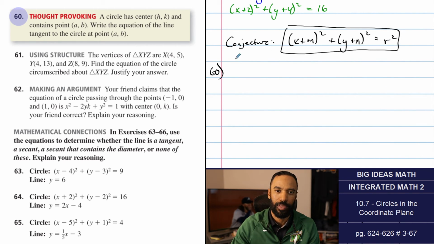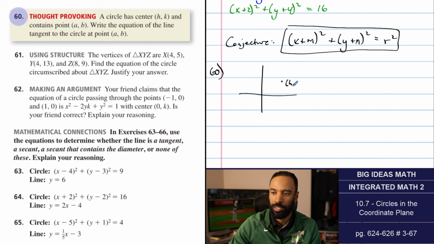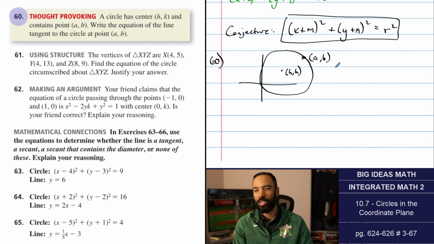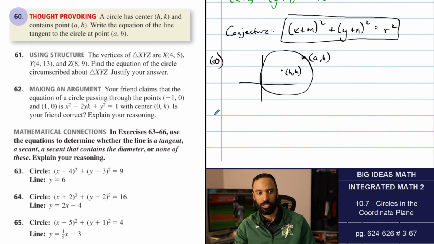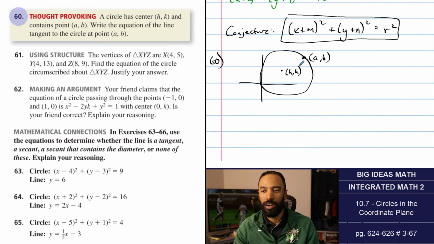Okay, quite interesting. So we have, in a graphing form here, center at HK and a point on the circle. This circle, point is AB. They want the equation of the line tangent to the circle at that point.